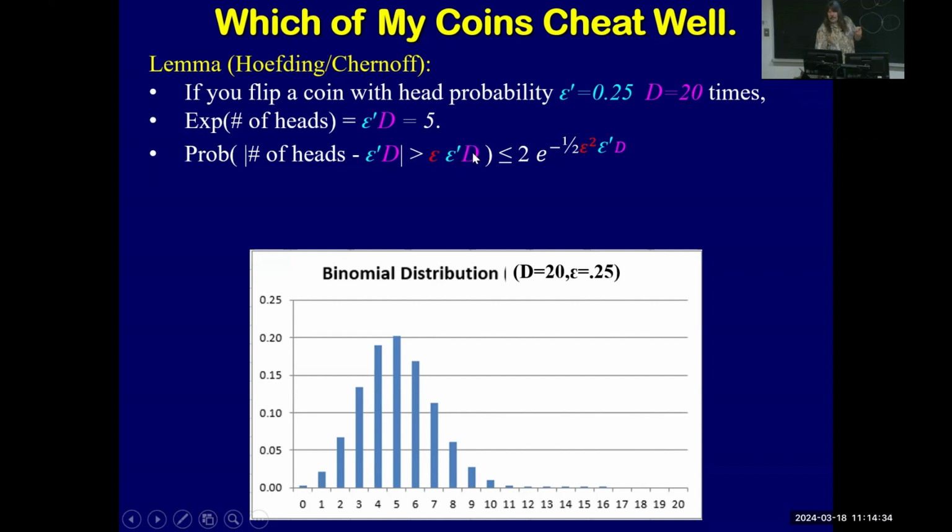Here, blue epsilon d is the expected number of heads. What's the probability that we're off by an epsilon fraction of the expected? And it becomes exponentially small. So this actually is the Chernoff bound. This is the one I learned. But the problem with Chernoff bounds is that we don't know the blue epsilon.